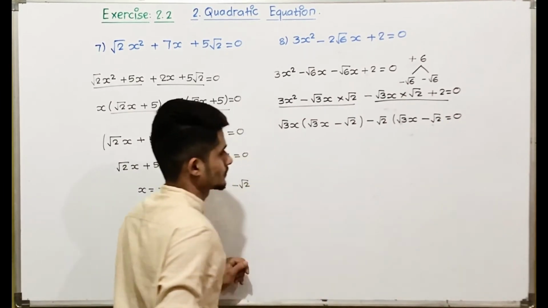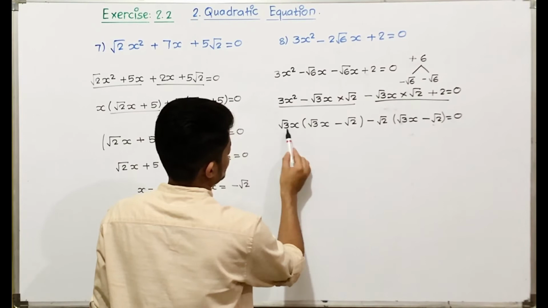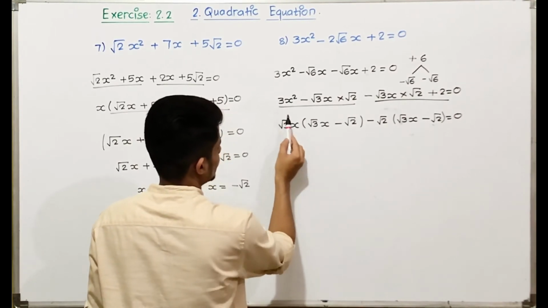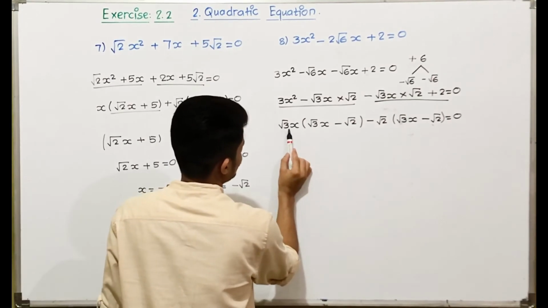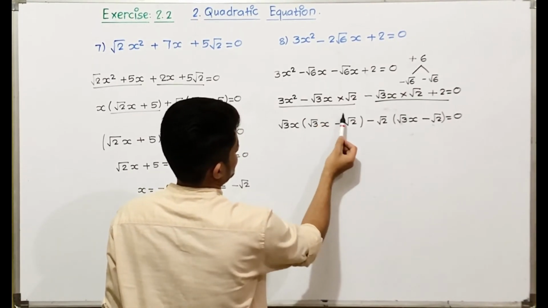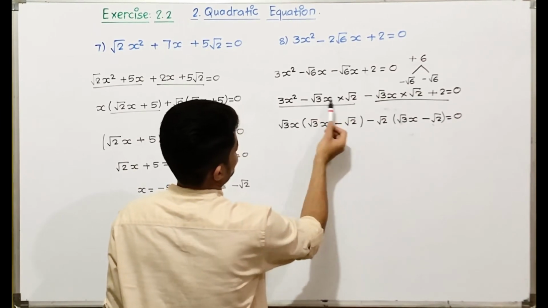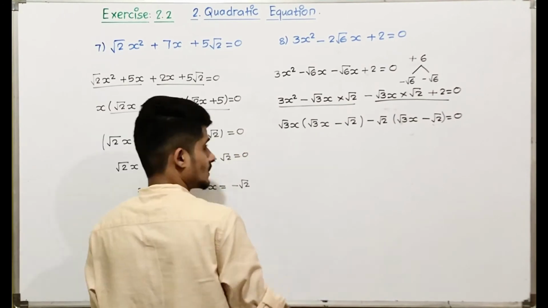Now let's check. √3x into √3x: √3 into √3 is 3, x into x is x². Similarly, √3x into minus √2 is minus √6x.